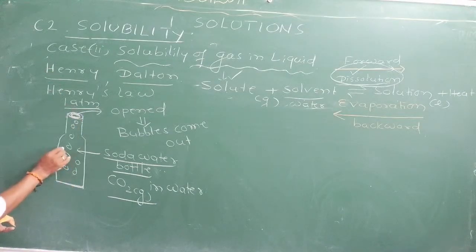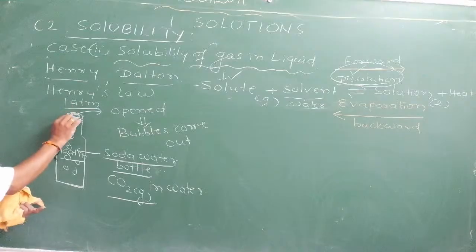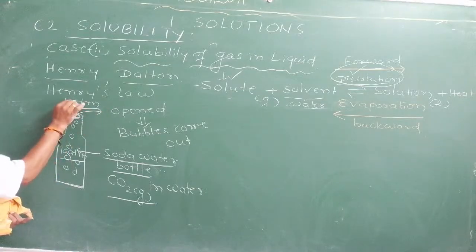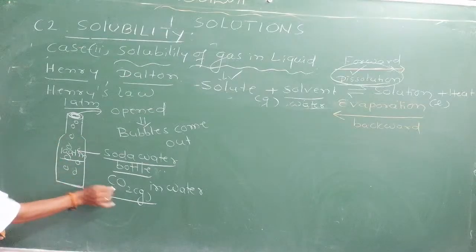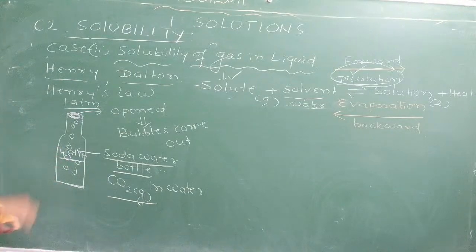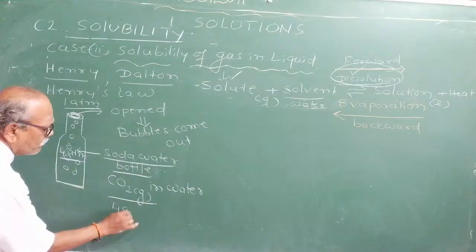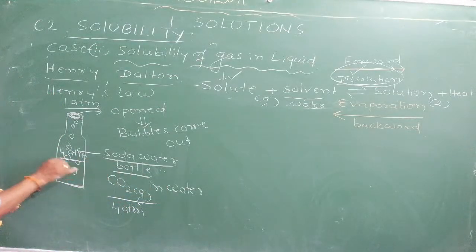Here, say it is compressed to about 10 atmosphere. Once you open the bottle, the external pressure becomes low. The carbon dioxide will be in the dissolved state when the pressure is about 3 to 4 atmosphere. If you compress it under high pressure, or 4 atmospheric pressure, this carbon dioxide will be in the liquid state.